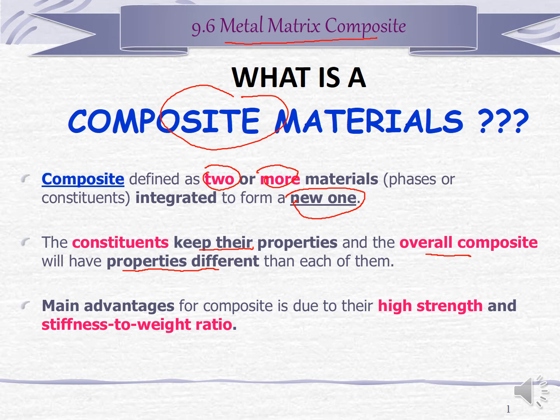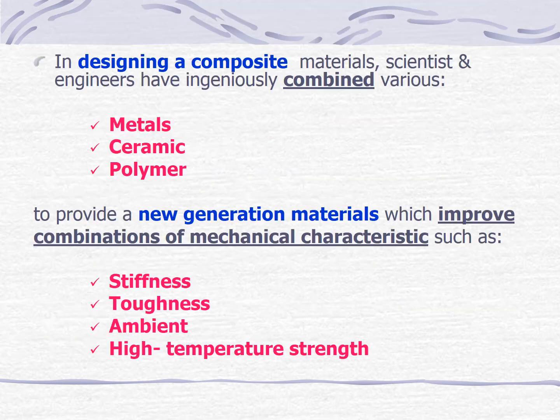The main advantage of composites is their high strength and stiffness to weight ratio, because of the combination of two or more materials.